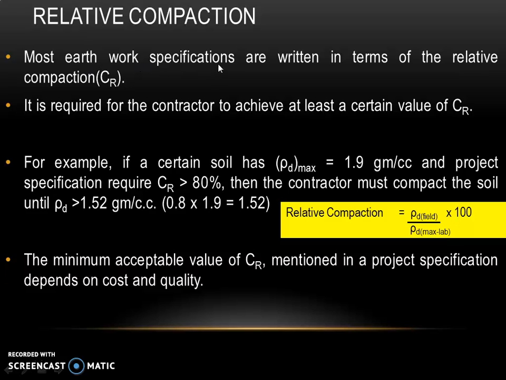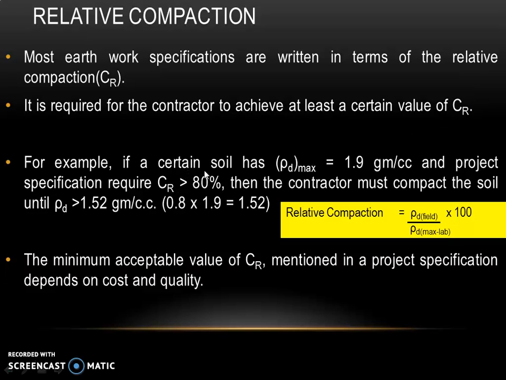Most earthwork specifications are written in terms of relative compaction, and it is denoted by CR. It is required for the contractor to achieve at least a certain value of relative compaction.